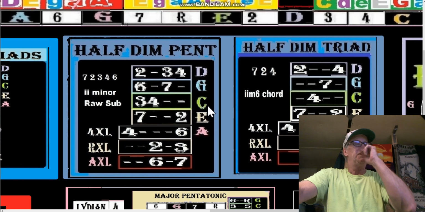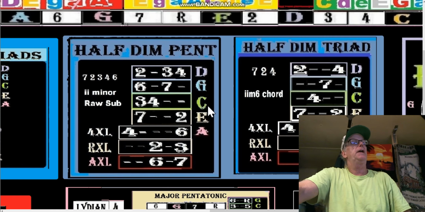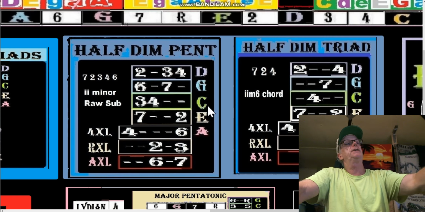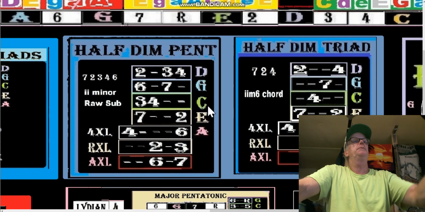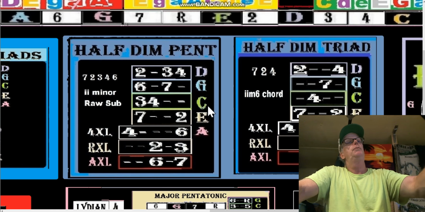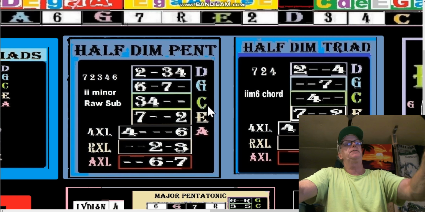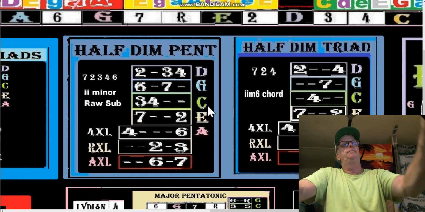The way we get the half diminished pentatonic is it's basically based on a minor. The way we would play a D minor pentatonic would be to just play its parent major, the F pentatonic, starting from the D minor.